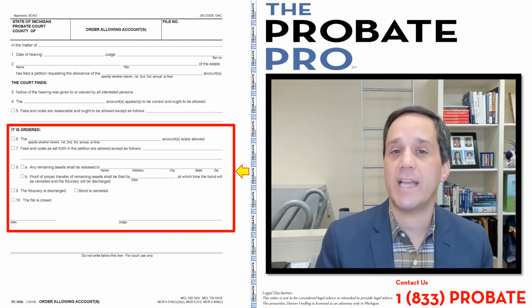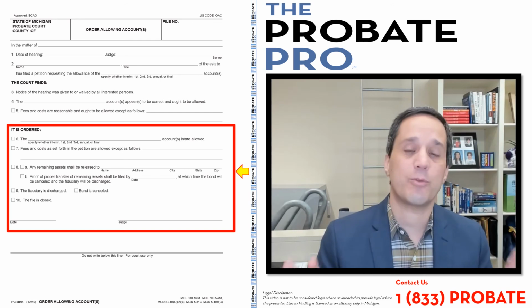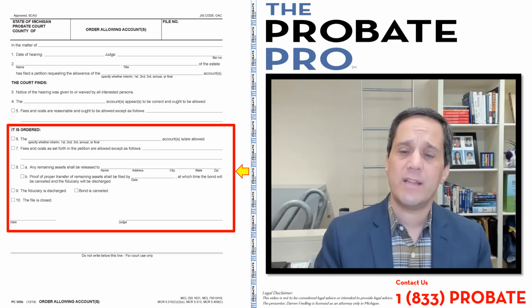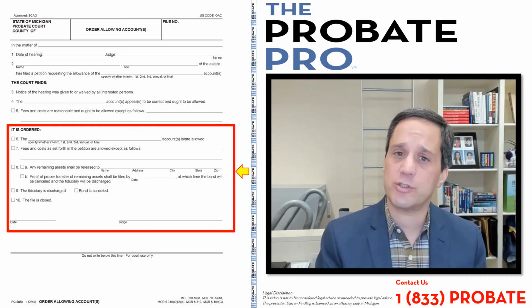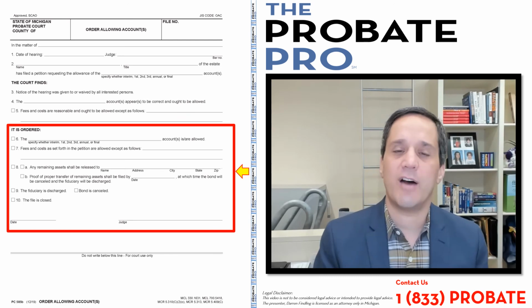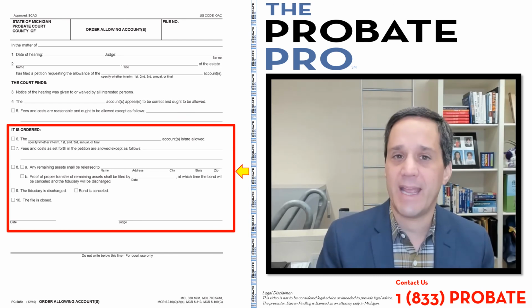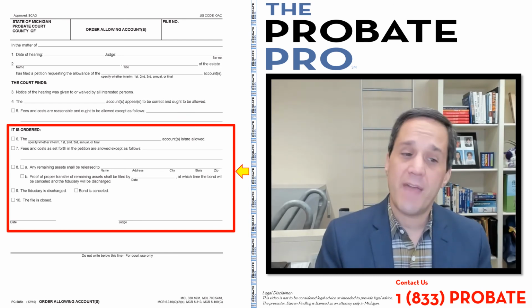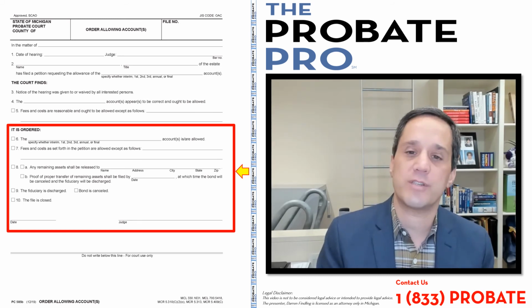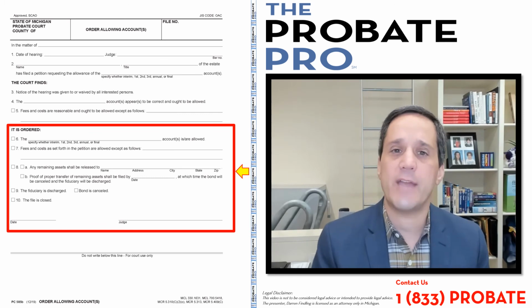Number 9 provides for the fiduciary's discharge, and that is a release of liability. It's an important piece of the request. If it's a final account of a conservator or personal representative, you want to be discharged, released of liability, and the bond canceled. Another checkbox for that. And then 10 is quite simple. Does the file need to remain open for continued jurisdiction, or is it all over, and should the file be closed?